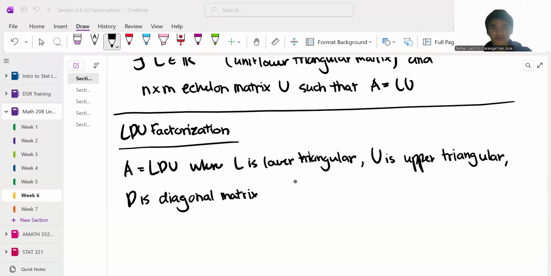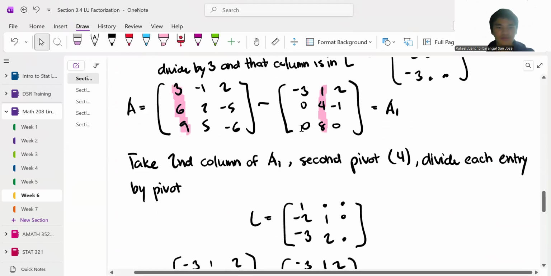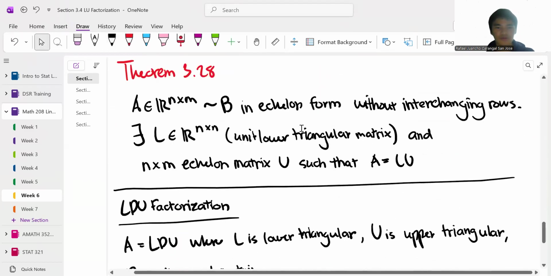Let's do an example. What example was I in? Like 2? Okay, let's do 3.